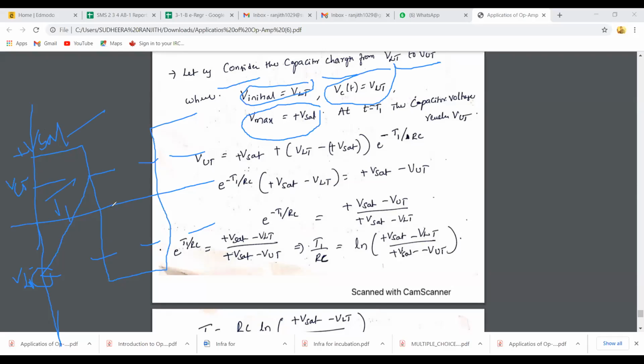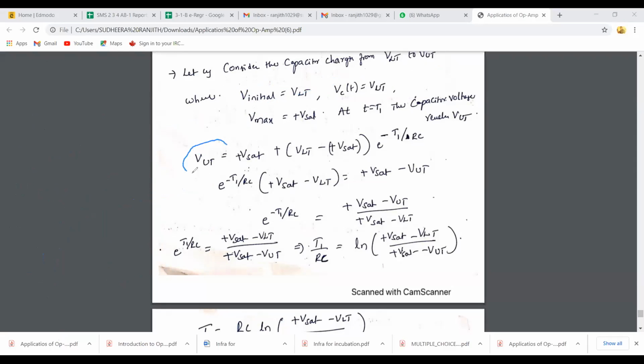After completion of this instant, what is the voltage in the capacitor? VUT. This is the equation we get for half of the cycle.